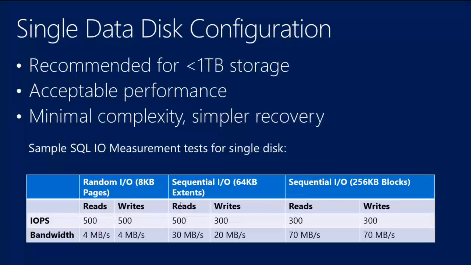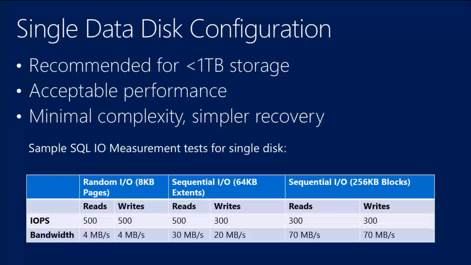If you've got more of a data warehouse workload, with the 64K reads, IOPS for reads is about the same. Writes go down a little bit, but your bandwidth increases roughly linearly. And for larger I/O, you get up to a limit for both reads and writes of 70 megabytes a second, in this case for a single disk.